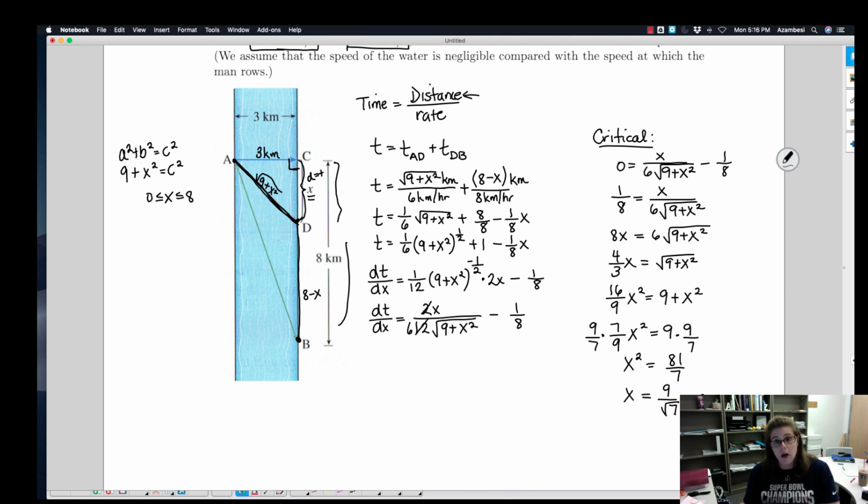Now if I want to know how long it actually takes for the person to get there, then I can plug that back into my time equation.